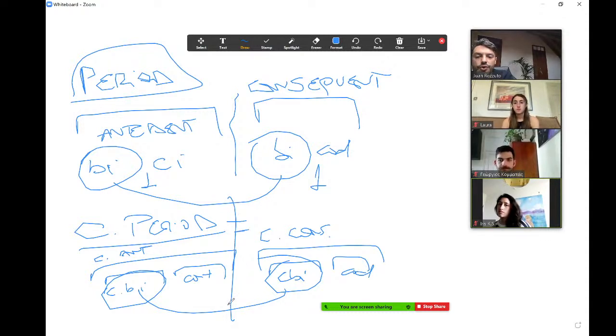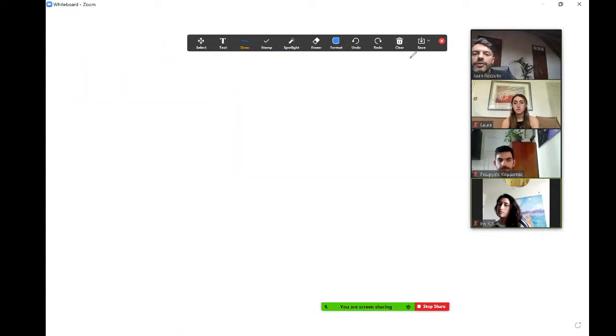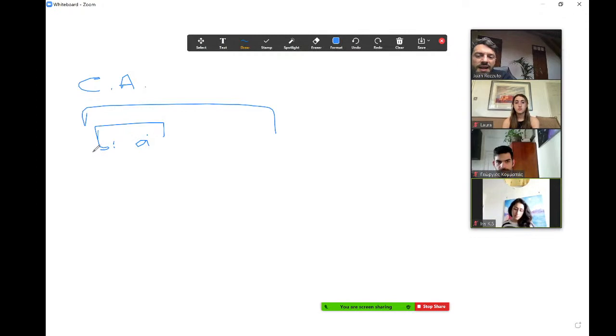Now, if you do a period here, what's going to happen is that, let's try. So if you do a compound antecedent built like a period, yeah, the problem is that you have basic idea, contrasting idea. So you're thinking in a small unit of 2 measures actually.